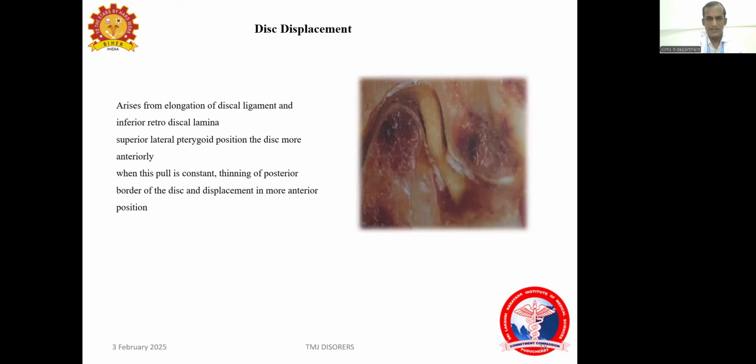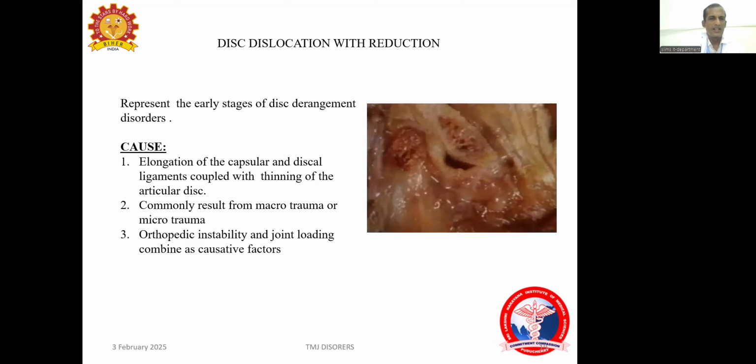When you see this picture of the disc, when this pull is constant, there will be thinning of the posterior border of the disc and displacement with an anterior push. And this represents the early stage of disc derangement.